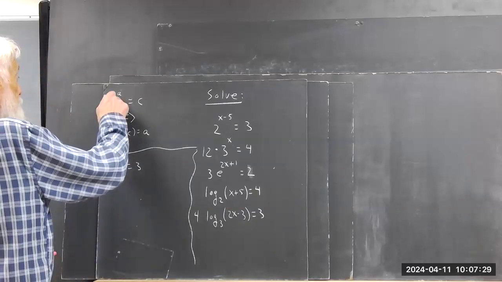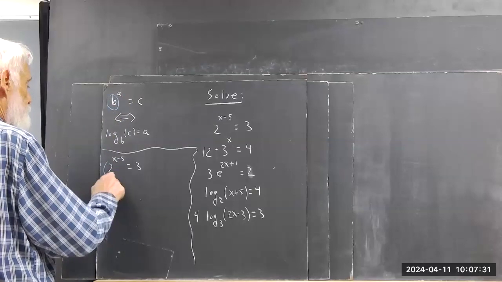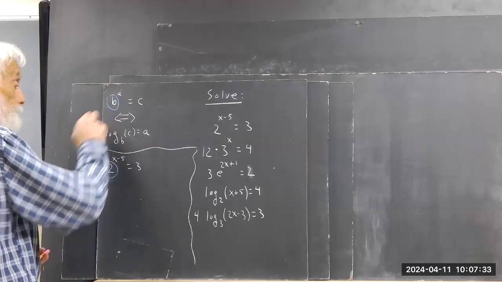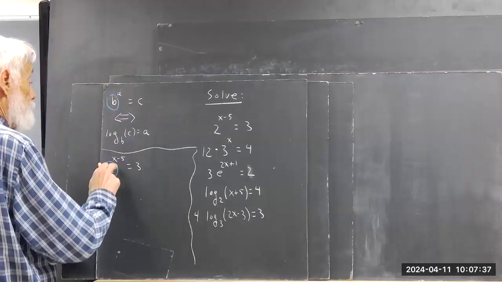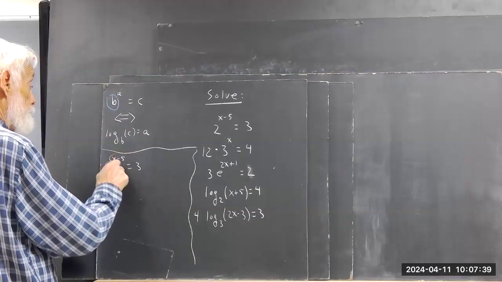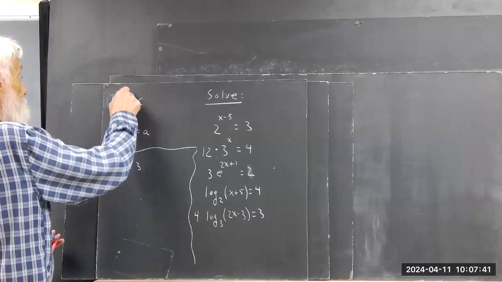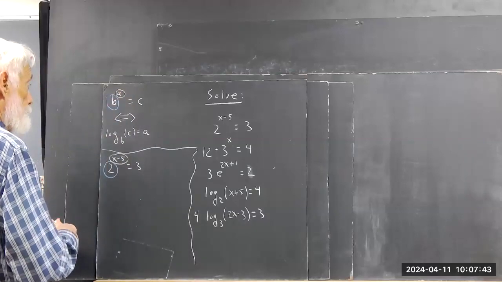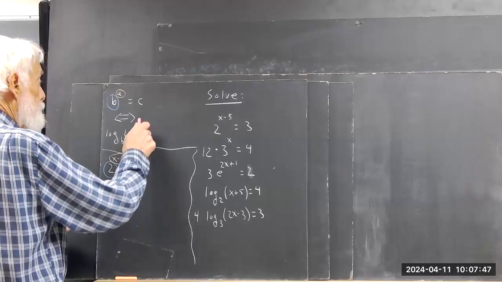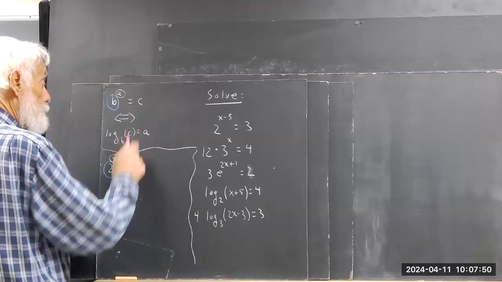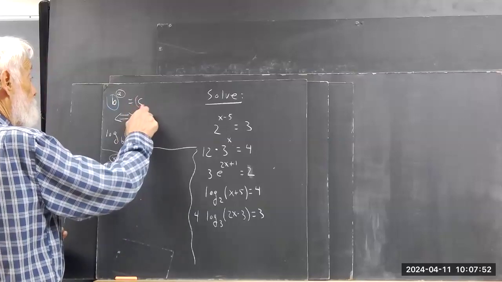Because 2 corresponds to B. A is the exponent, it's x minus 5. And C is the number on the other side of the equal sign.